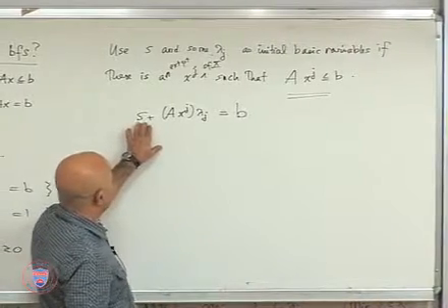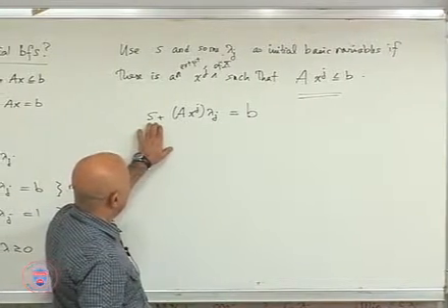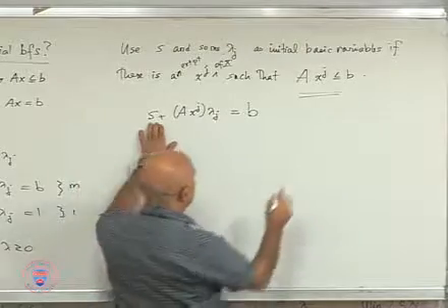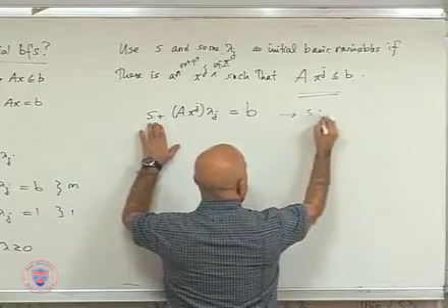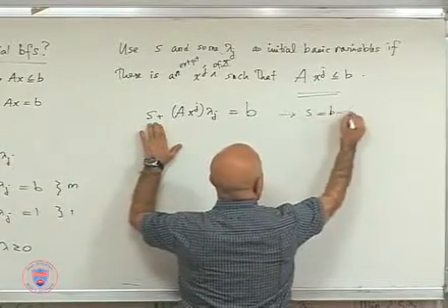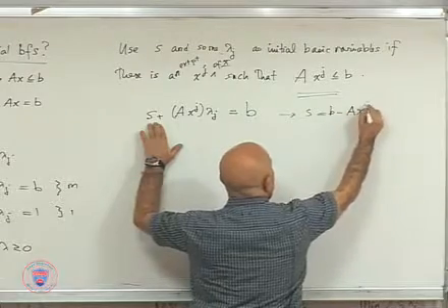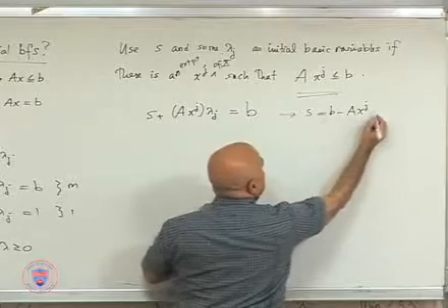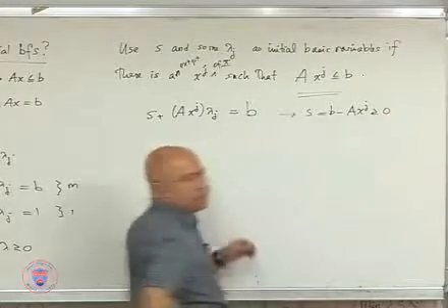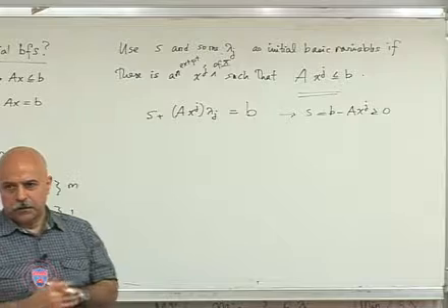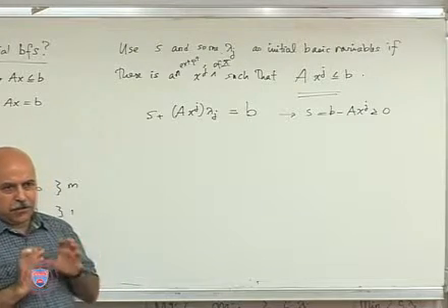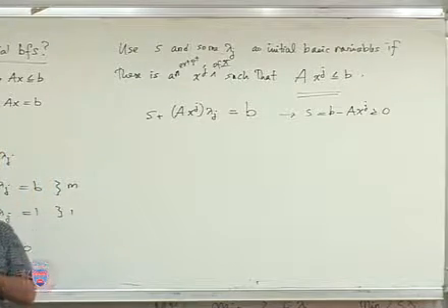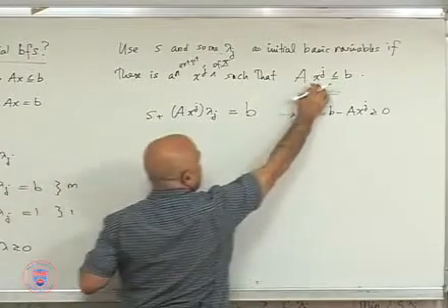Which means that S is equal to b minus a times xj. But a xj is less than or equal to b, so all the s's are non-negative. That's what we were looking for. So this is a feasible basic solution, if you know that this is the situation.